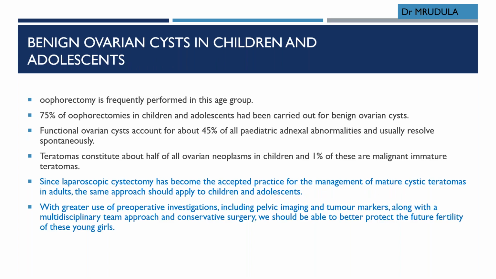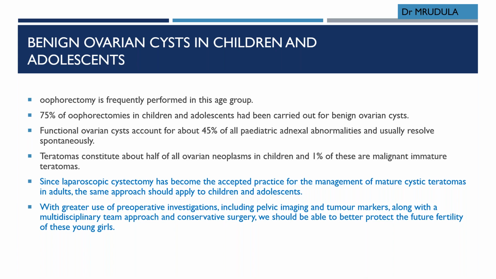Now coming to the benign cyst in children and adolescents. Oophorectomy is frequently performed in this children and adolescent group. According to one study, 75% of oophorectomies in children and adolescents are carried out for benign ovarian cyst.